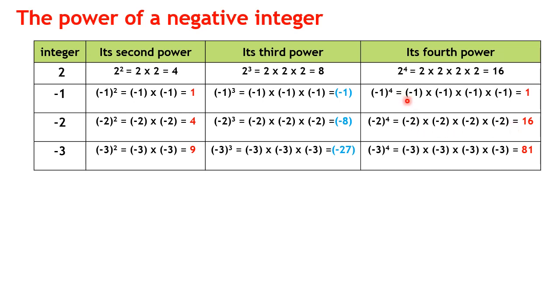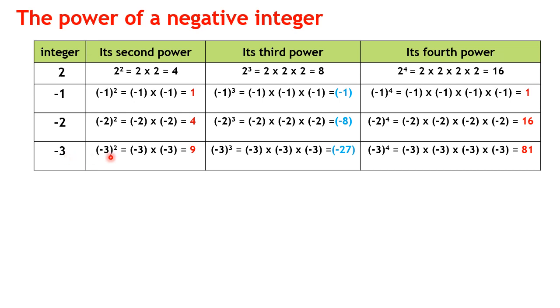As in the previous case, when the power is even, the second power and the fourth power, the result is positive. But the third power, an odd power, has a negative sign. To verify the result, let's go for one more integer, minus 3.